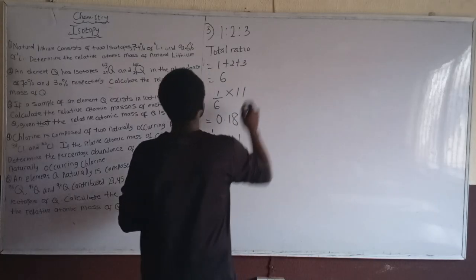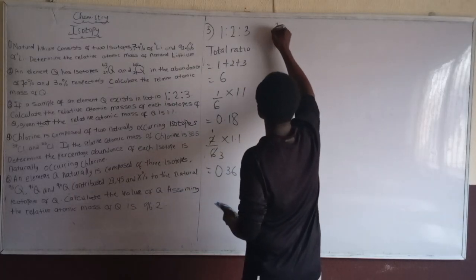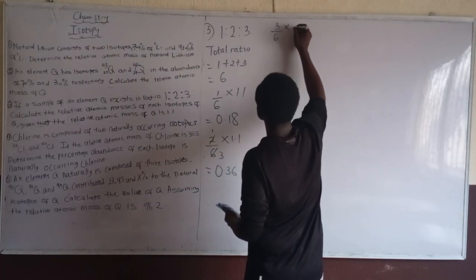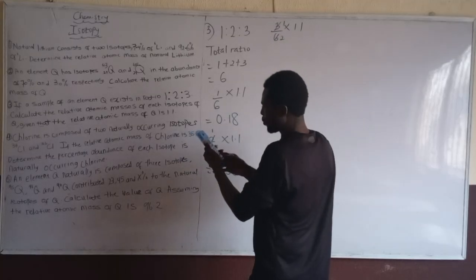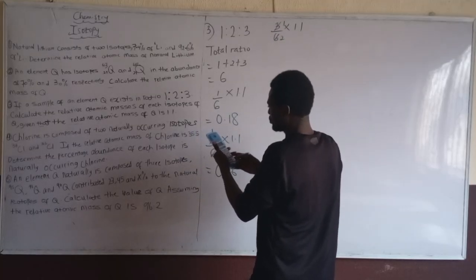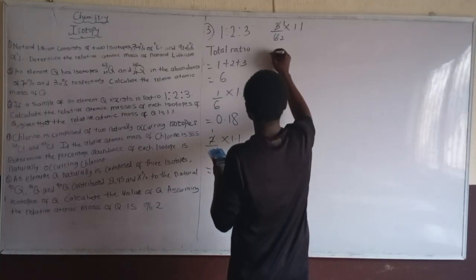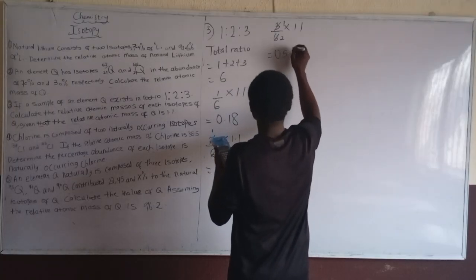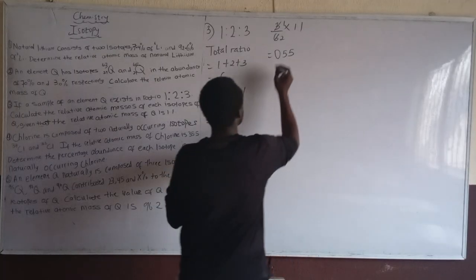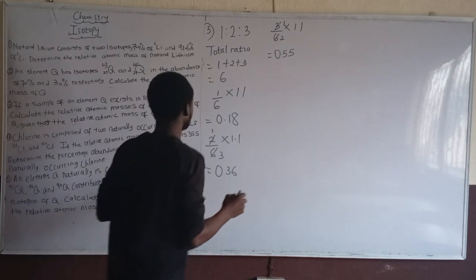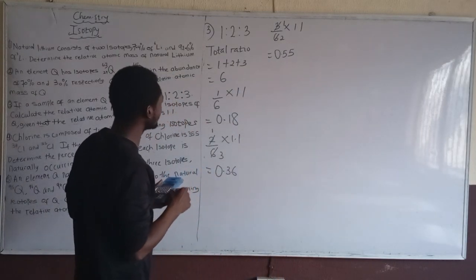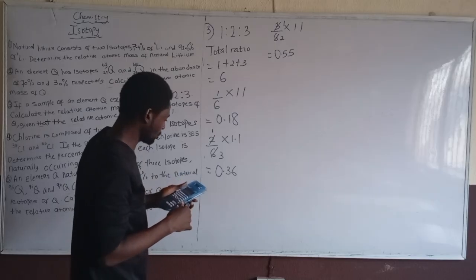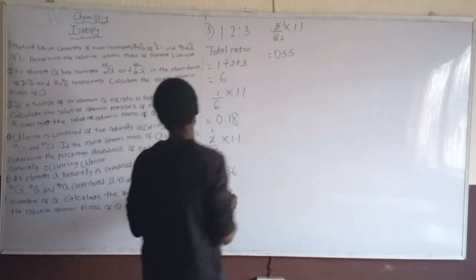For 3, that is 3 divided by 6 multiplied by 1.1, that is 1.1 divided by 2, that is 0.55. So these are the individual relative atomic masses in respect of 1:2:3. Then I move to number 4.